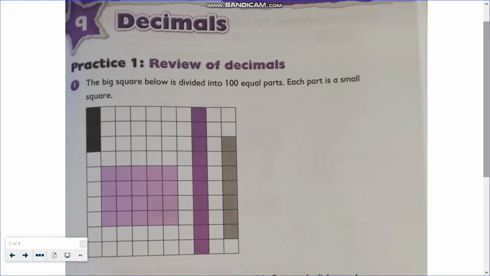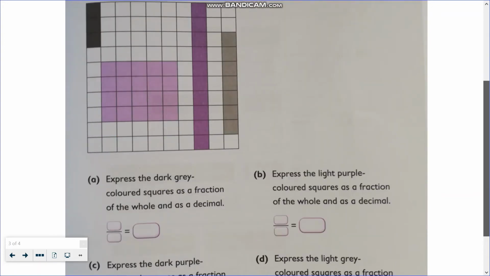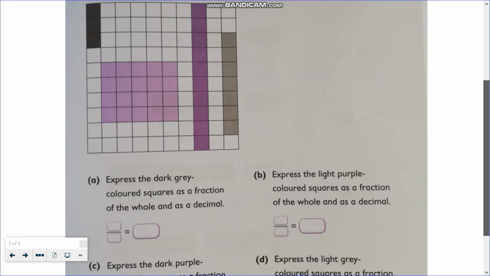Now let's go to your workbook. Number 1. The big square below is divided into 100 equal parts. Each part is a small square. First question. Express the dark gray colored square as a fraction of the whole and as a decimal. Okay, so we're going to count first the number of dark gray colored squares and we will write it as a fraction.